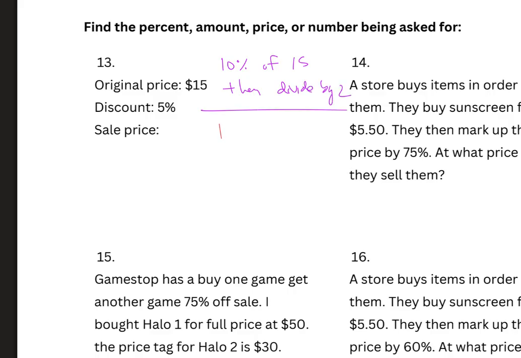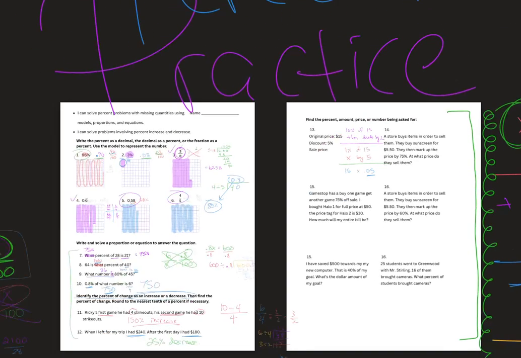You could find 1% of 15 and then multiply that by 5. Or you could just do 15, which is that price, times 0.05, because that's 5%. So there are going to be several ways to do these things.